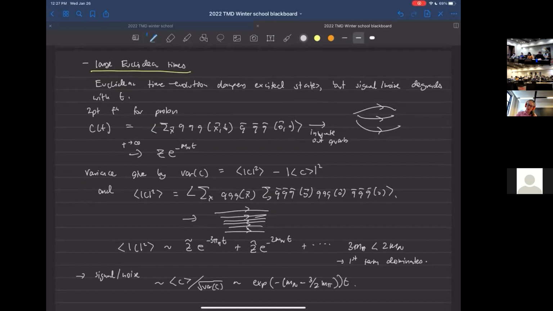So the signal to noise is obviously going to get worse and worse as t gets larger. That's why I drew those error bars getting bigger and bigger. That's why if you can design an interpolating operator to have little excited state contamination, so you can fit at earlier Euclidean times, you get higher precision answers, right? Because if you have to fit at late Euclidean times, the noise blows up.